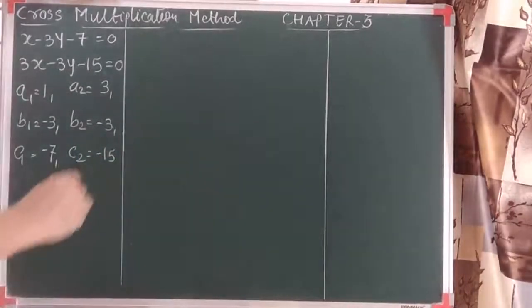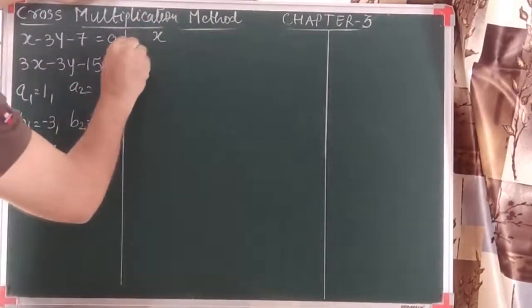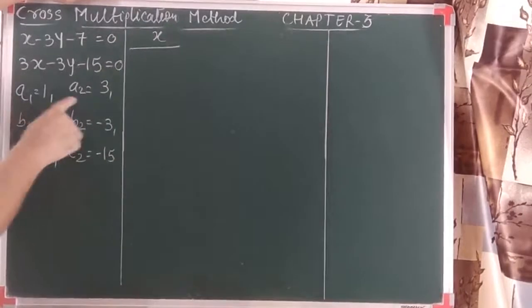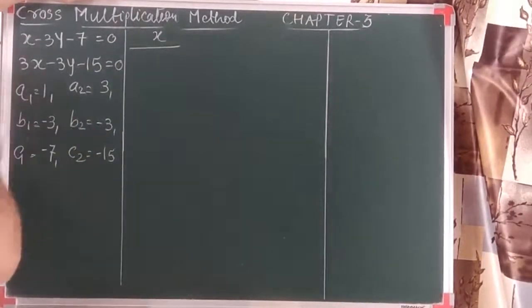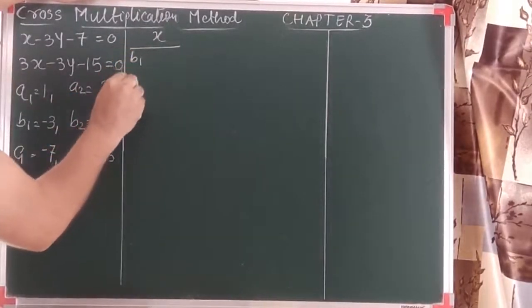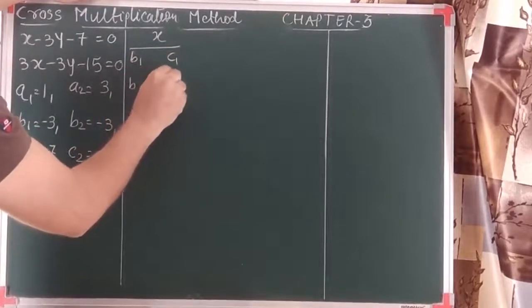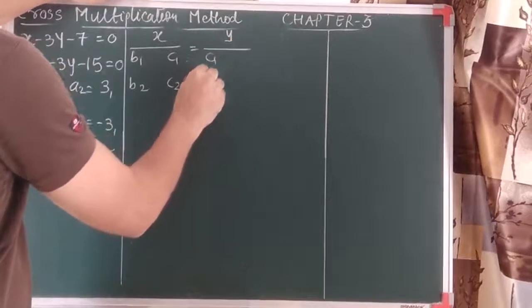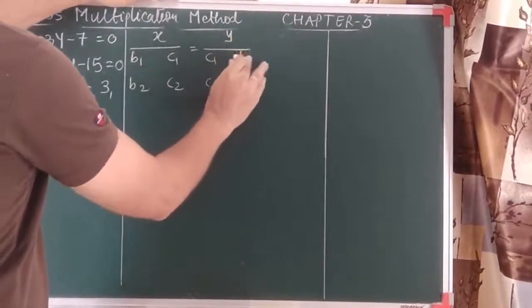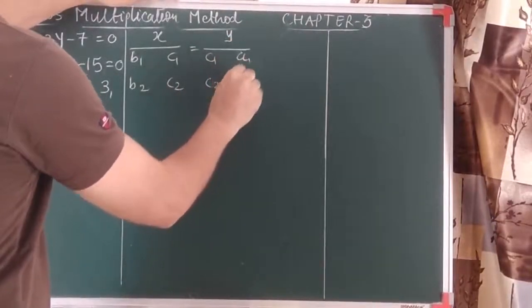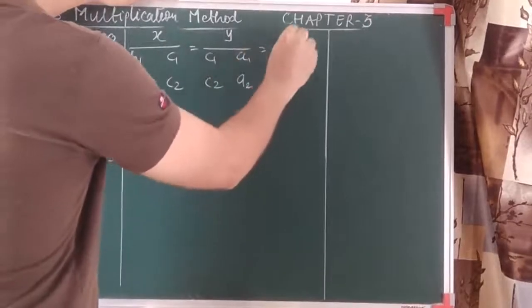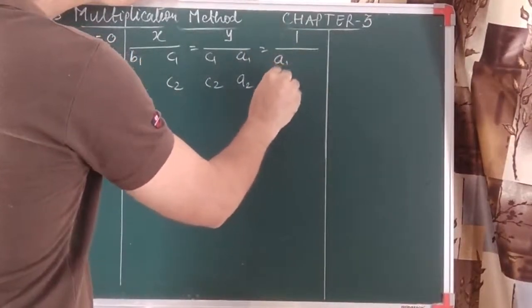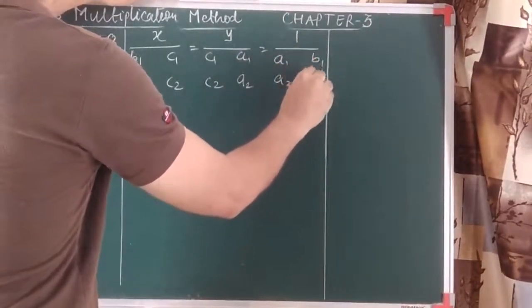Now let us go for the method. It is x upon, we know that we are not supposed to write the coefficient of x. So it is b1, b2, c1, c2. Same for y. It is c1, c2, a1, a2, and for the constant a1, a2, b1, b2.